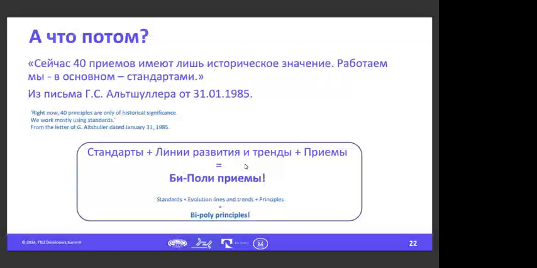But those principles which were put by Mr. Altshuler were really significant, and we thought that next step of our work will be bipolar principles, as we call them. Those principles which besides themselves include the logics of standards and also lines of the development of neutral things.